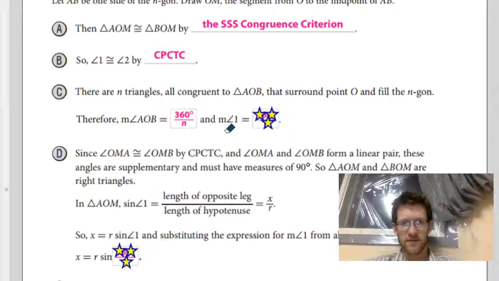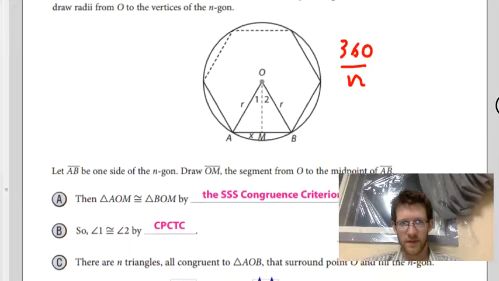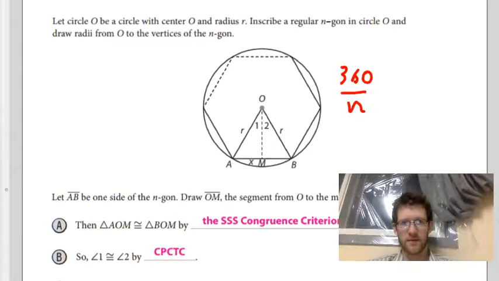Now it's asking, what is the measure of angle 1? Well, the measure of angle 1 is simply 1/2 of the measure of the big angle. That's simply half of AOB. If this is AOB, what is half of AOB? Again, it's 30 in this picture only, but we want the general form. So what is 1/2 of this value?